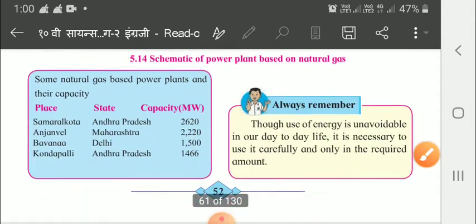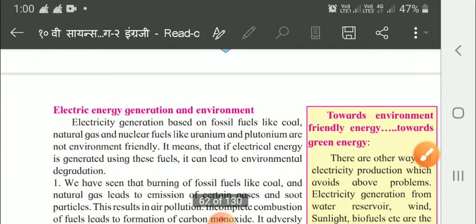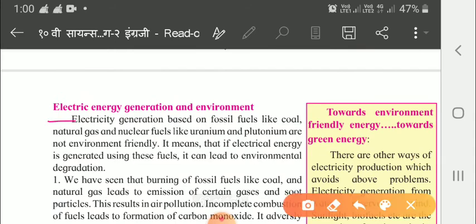Now children, this part is cancelled for you. Here we can see that energy use is unavoidable in our daily life, so we have to use it carefully. Next is electric energy generation and environment.